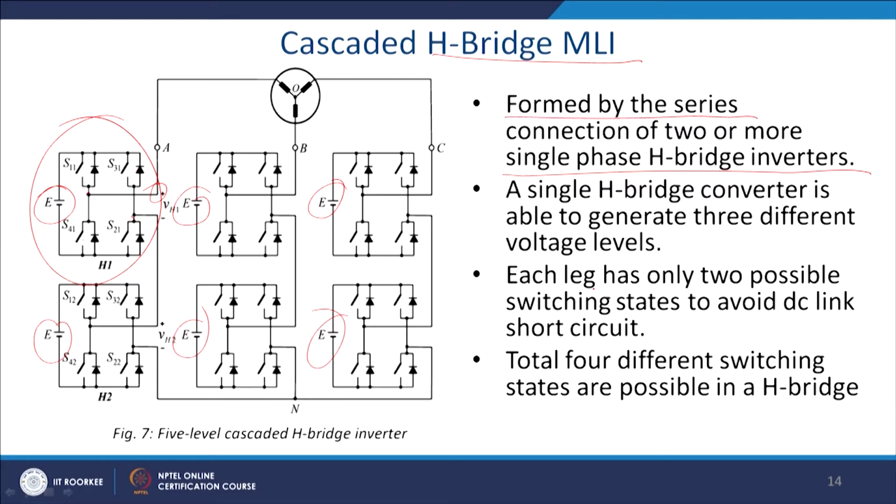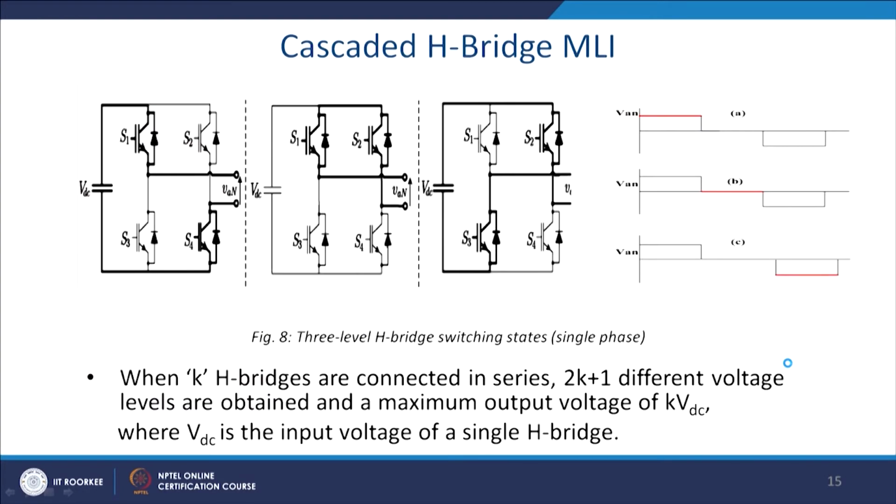Each leg has only 2 possible switching states to avoid DC-link short circuit. In total 4 different switching states are possible in an H bridge, as I show in the next slide. This is for H bridge 1, let us say. You can switch on this, and you get VAN.